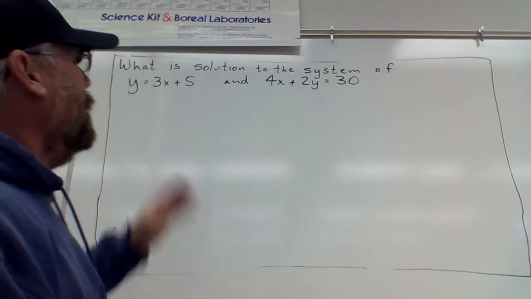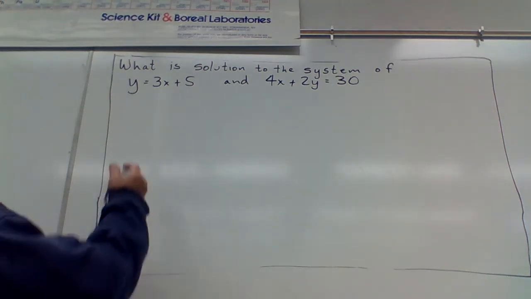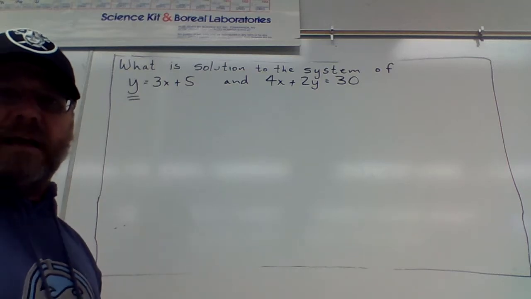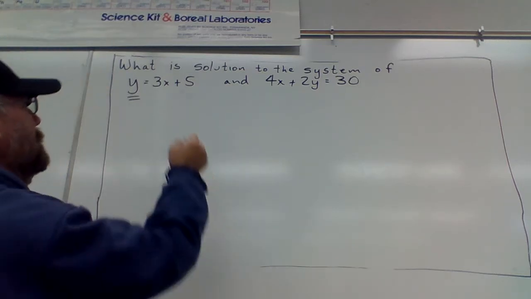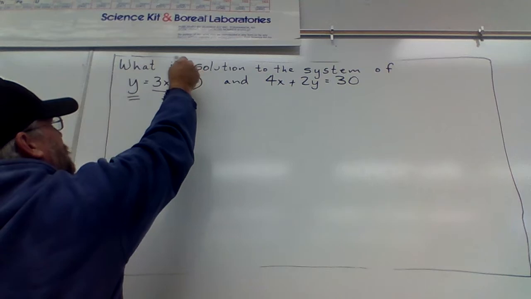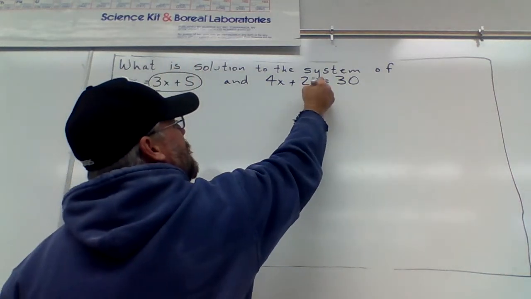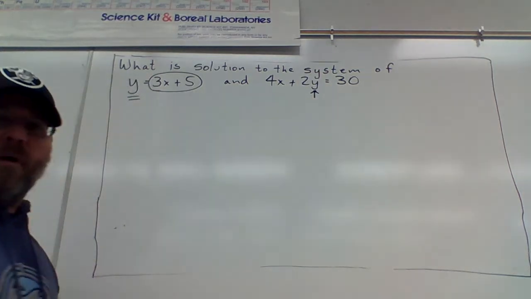So, what we do with the substitution method is that we realize that y is 3x plus 5. So, what we do is we take that 3x plus 5, which is y, and we plug it in here for y.